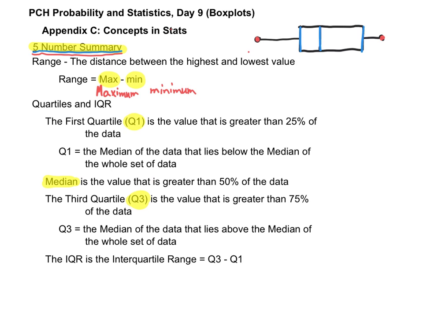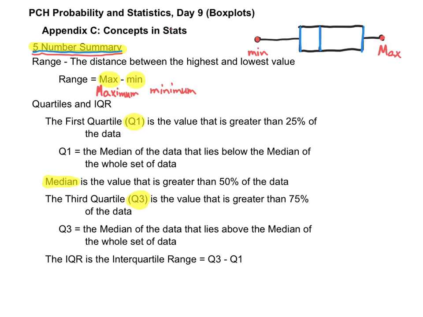So you put your min value over here on the left. You put your max value over here on the right. And usually, those will be the ends of your whiskers. It is possible for them not to be, but we'll look at those special cases later.